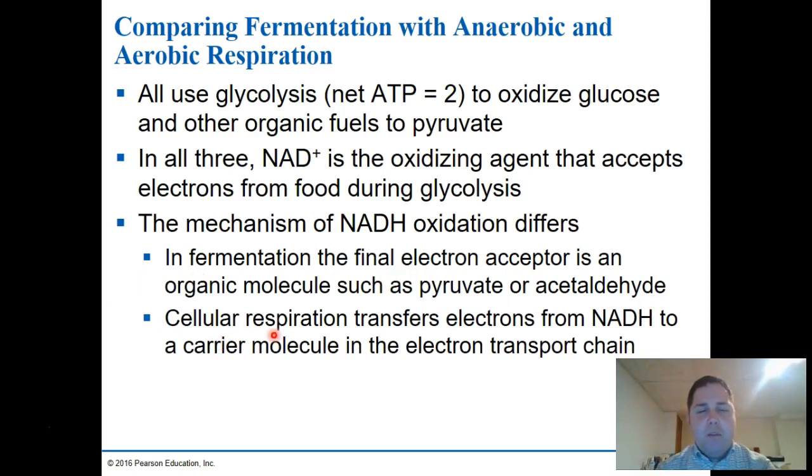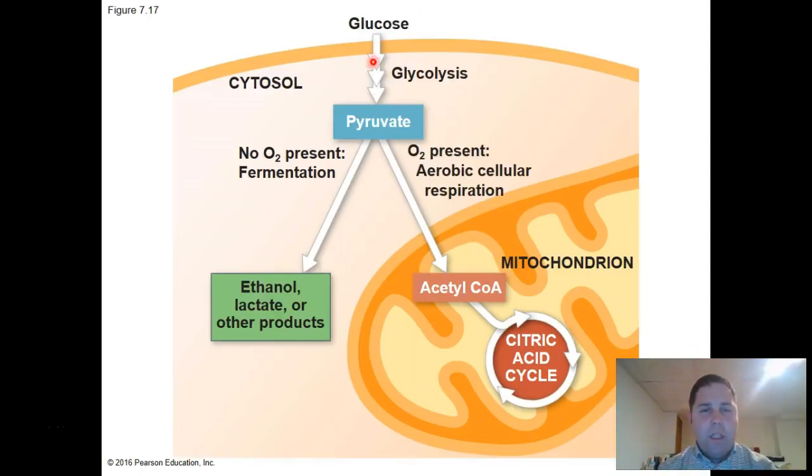In respiration, we're going to put those to the electron transport chain and ultimately to oxygen. And so if you think about the math, 2 ATPs if we're doing anaerobic respiration or fermentation, 32 to 38 if we're doing aerobic respiration. So in the absence of oxygen, pyruvate goes to processes in the cytosol. With oxygen, we're going to then go to the mitochondria and do everything else that we talked about.